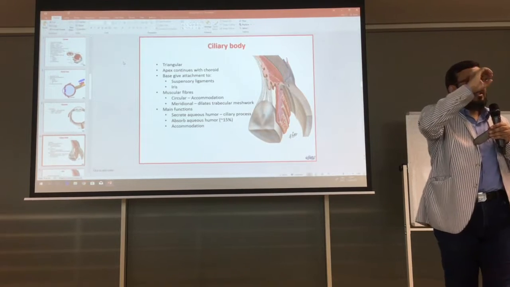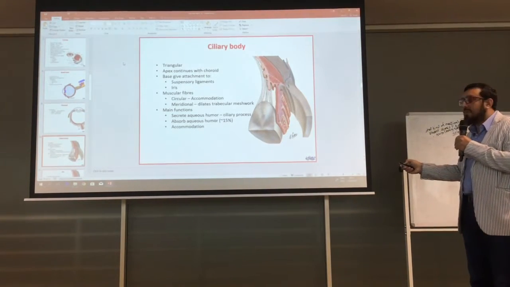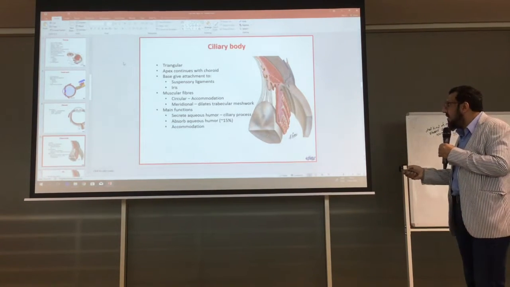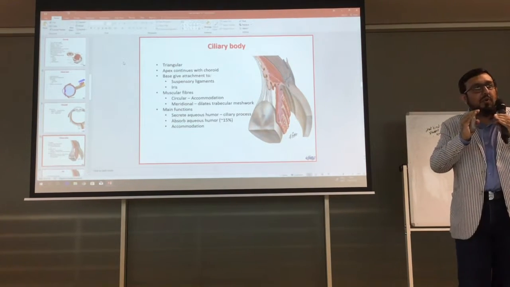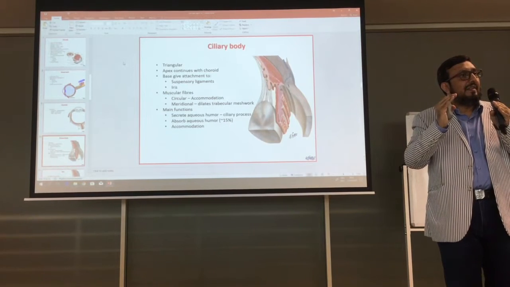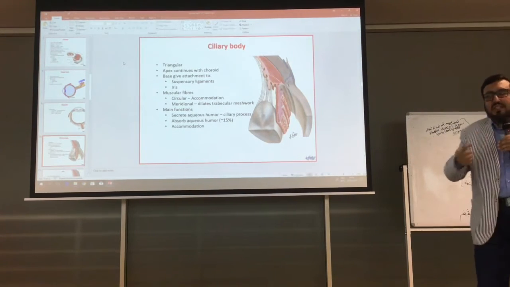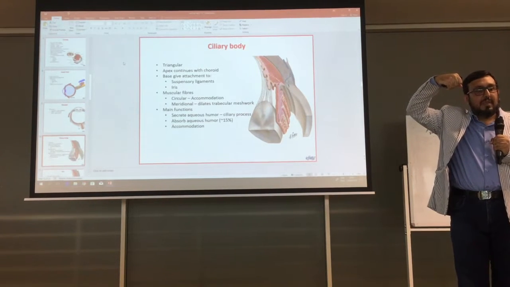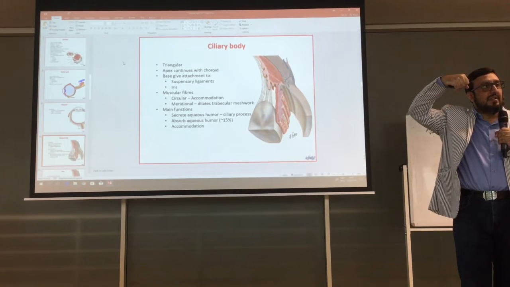When this ciliary structure is narrowed down, the suspensory ligaments will become lax and will allow the lens to become more globular. When these ligaments stretch, the lens will become stretched and flatter.